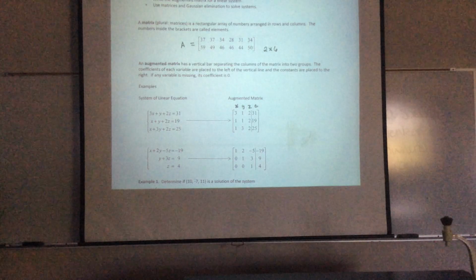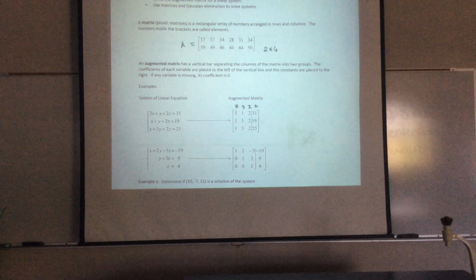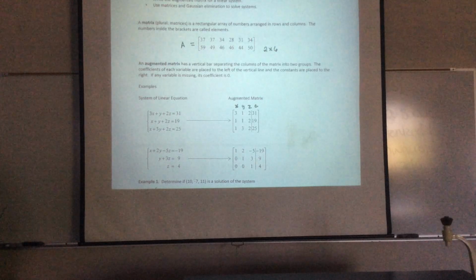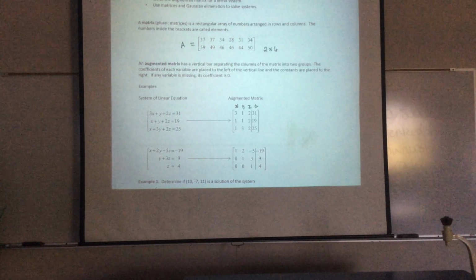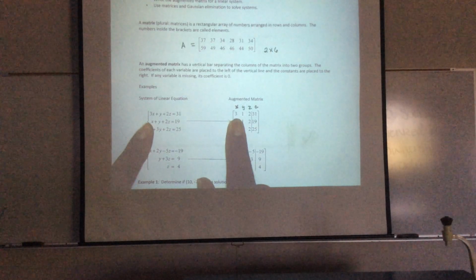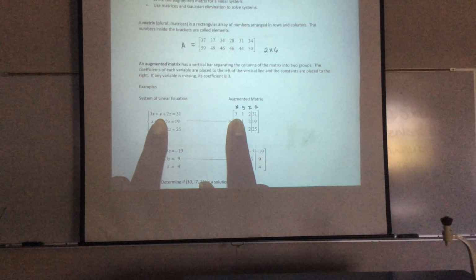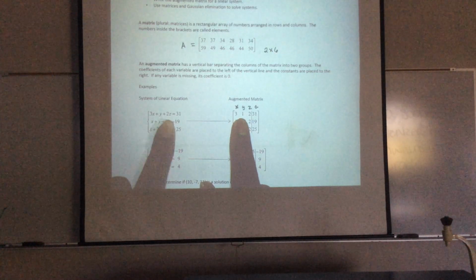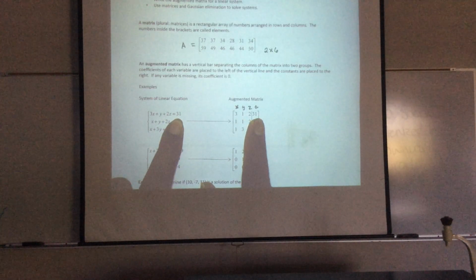The last column, the numbers after the vertical bar, represents the constant terms. So in this case, 3x plus y plus 2z equals 31 represents this first row right here. The coefficient of x is 3. For the y, its coefficient is 1. For the 2z, that coefficient is 2. The 31 is your constant term.